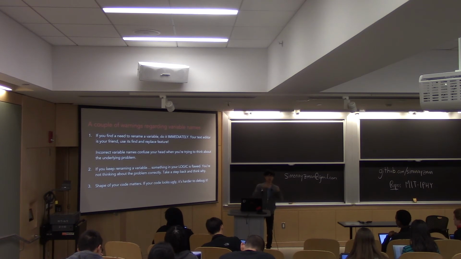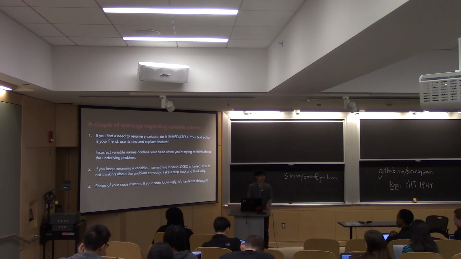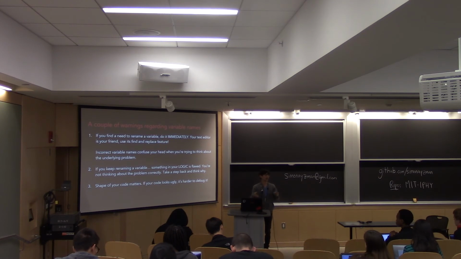And the last thing is, when you're writing code, sometimes you'll be very tempted to write very descriptive, paragraph-long variable names. But what I've found to be more important is that the shape your code indents in and out actually matters a lot. If you have very long variable names and very long expressions, it's very hard to see what is going on from a distance, and that confuses your brain.